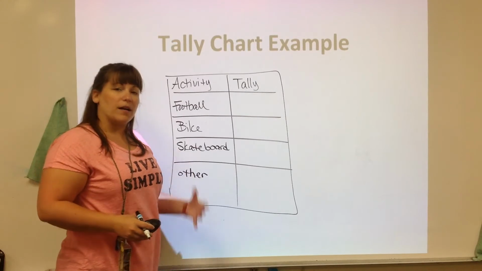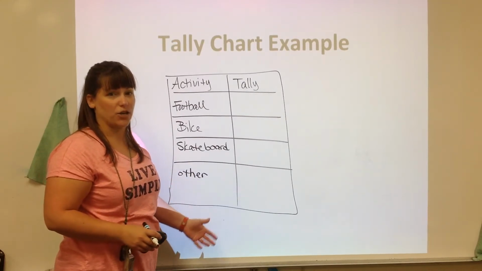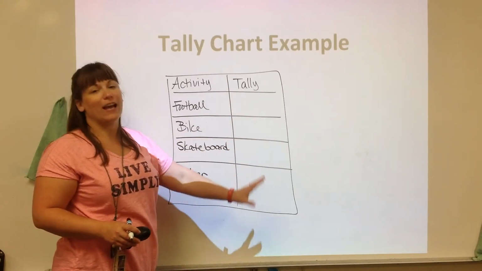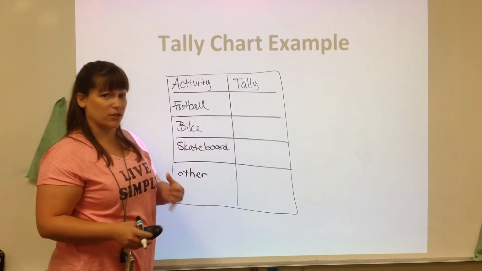So here on the bottom of your yellow is the sketch of the beginning of a tally chart. Notice you have the activities on the left and a space to tally how many times people voted for that activity to do after school.